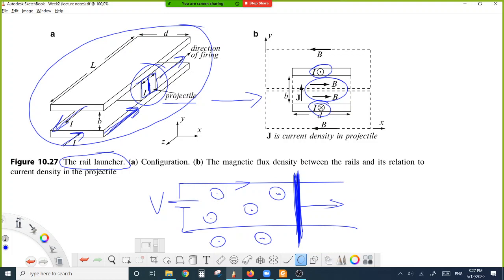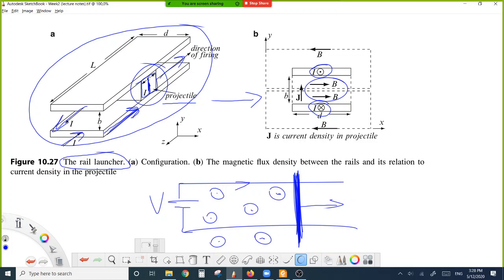And this method can also be applied in, for example, military actions, or in space. It can be used in space for launching satellites to the orbit.